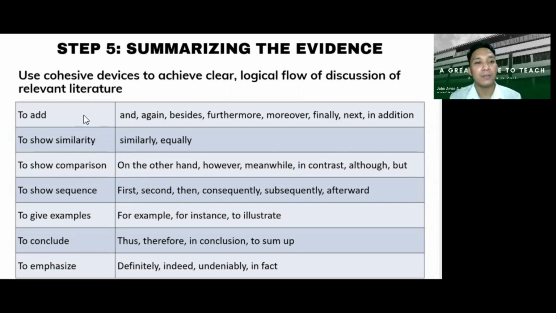You can use cohesive devices when you want to add, to show similarity, to show comparison, to show sequence, to give examples, to conclude, and to emphasize. Okay?